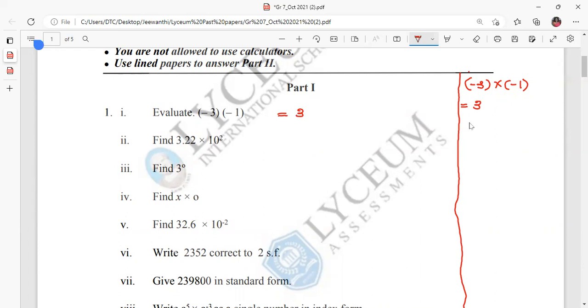Okay. Then I move to the second question. The second question is 3.22 multiplied by 10 to the power 2. Right? So you have learned this. What does this mean? First of all, you want to solve this part. 10 to the power 2 means 10 multiplied by 10. The answer is 100. Then you can rewrite the question as 3.22 multiplied by 100.